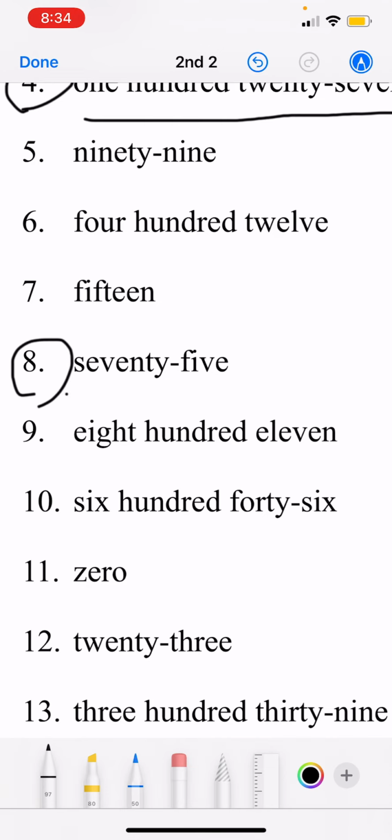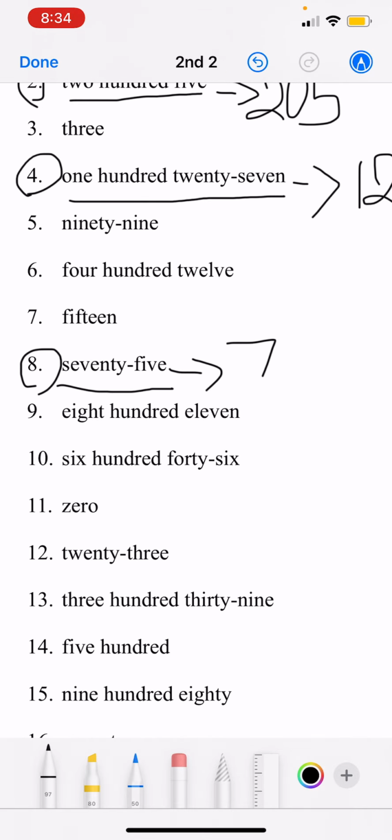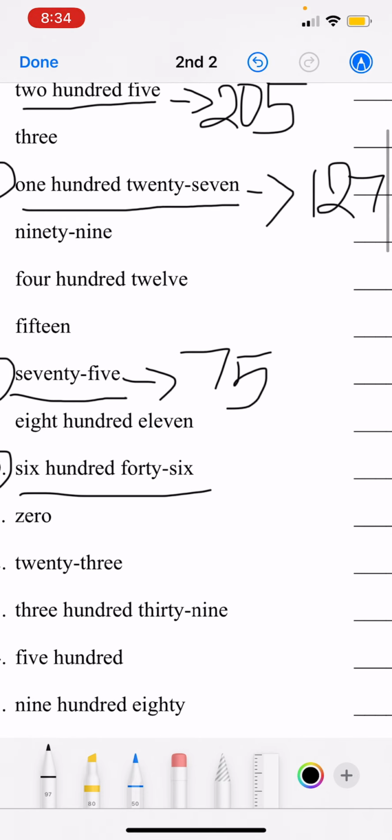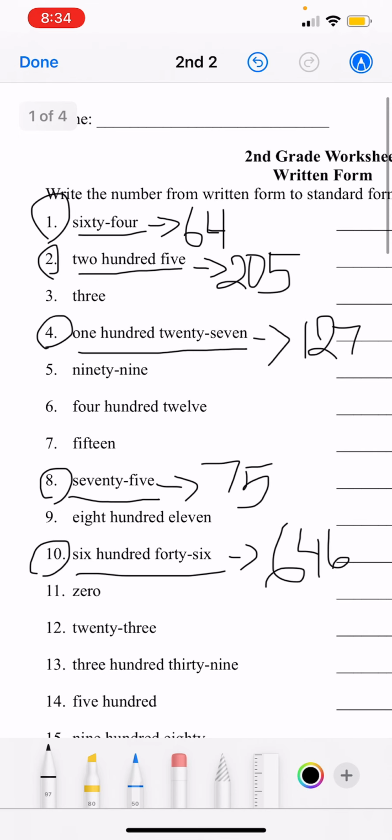Number 8 says 675, and if you were to write that in standard form, it would be 75. Boom. Number 10 says 646. That would be 646. It's not too hard, not too difficult.